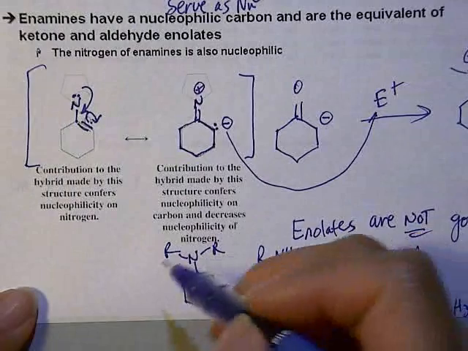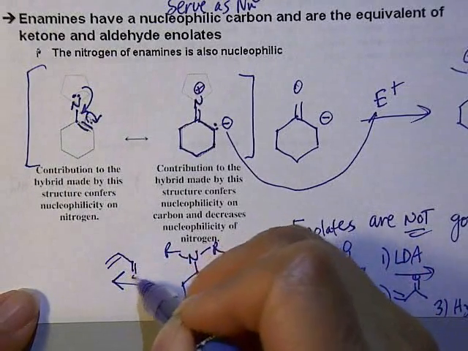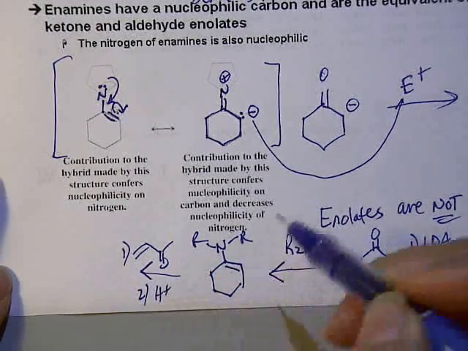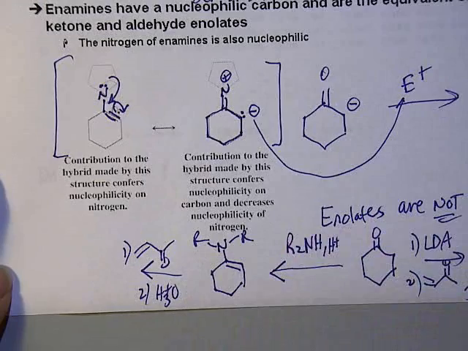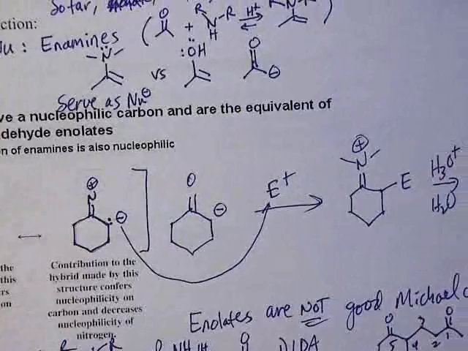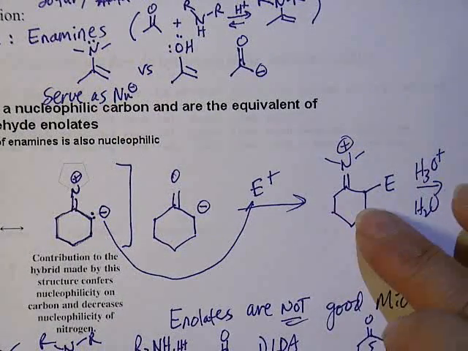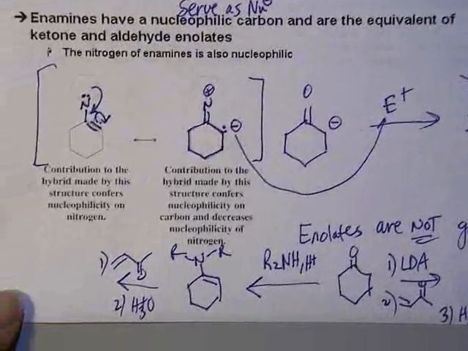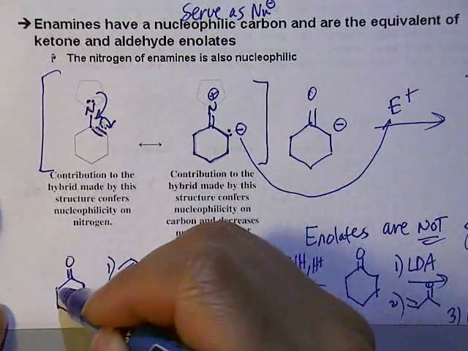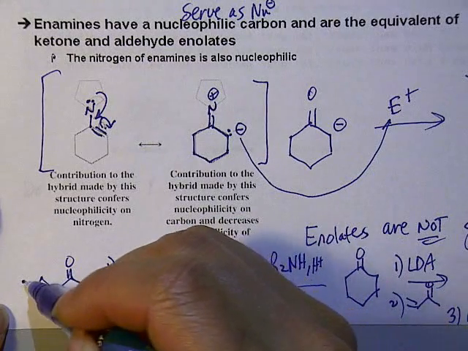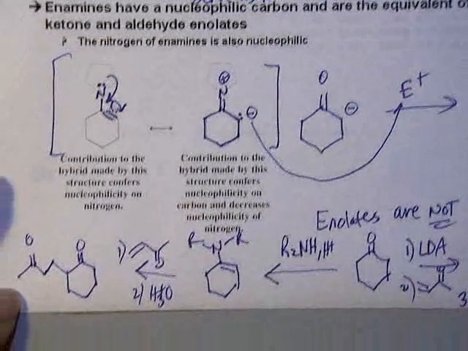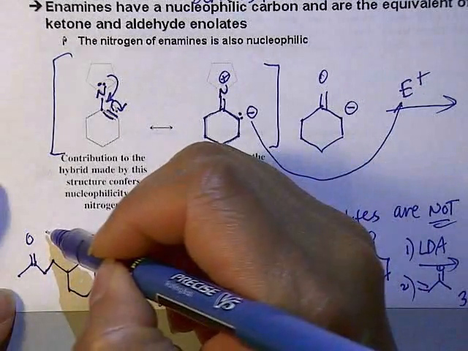So after you make the enamine, then you could react with the Michael acceptor and then quench it, and then the reaction goes, and this hydrolysis is going to hydrolyze the ammonium intermediate. So you're going to get your carbonyl back. So then you will have 1,5-dicarbonyl in good yield.